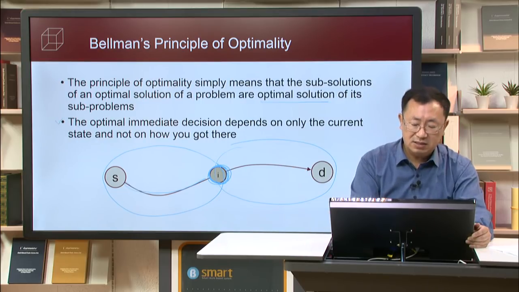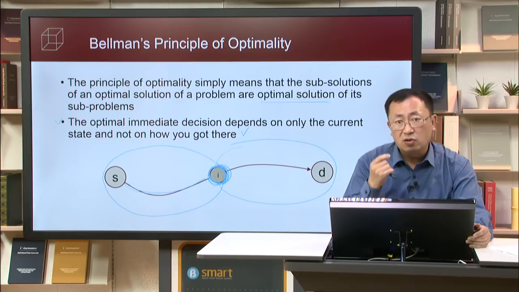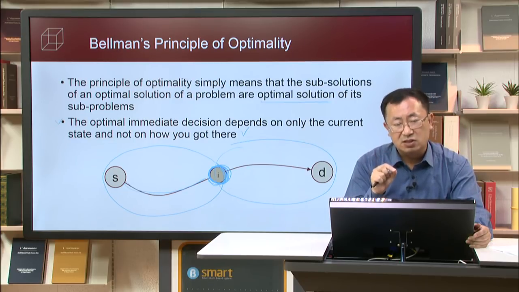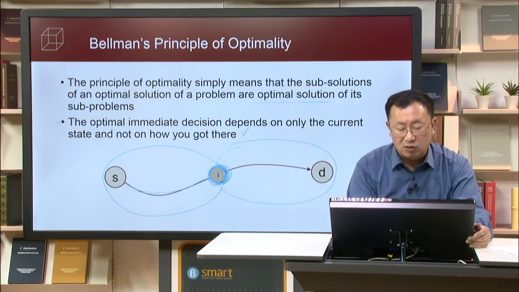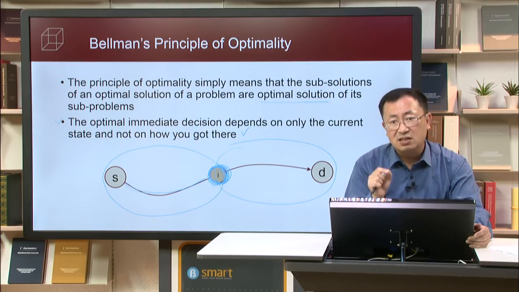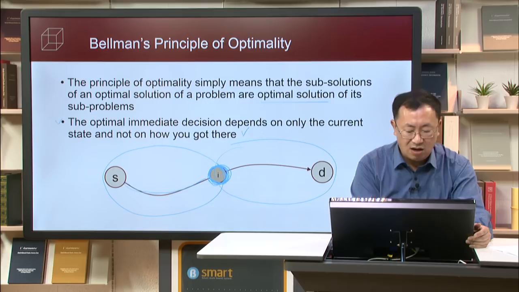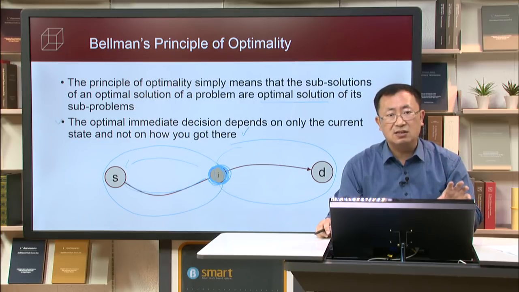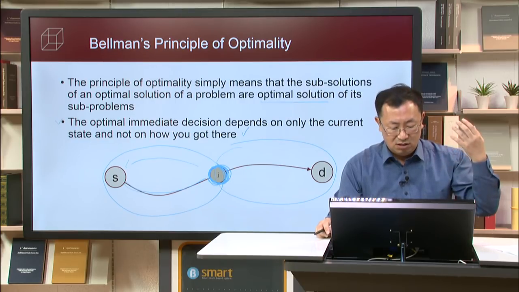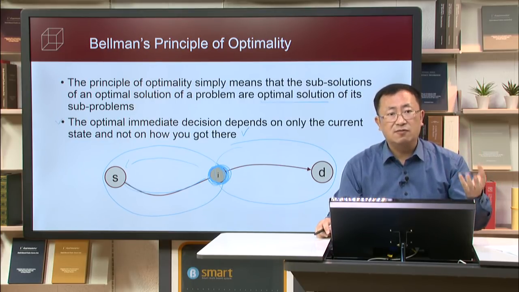So what this statement means is, when you make the optimal decision for the given node I, the decision does not depend on the previous history about the state, what nodes you visited so far, and what your decision was for each node, right?